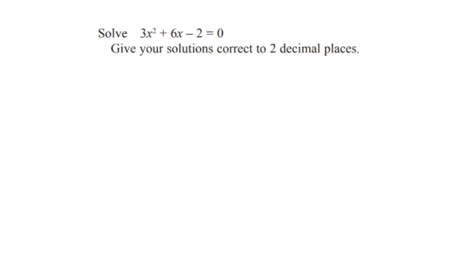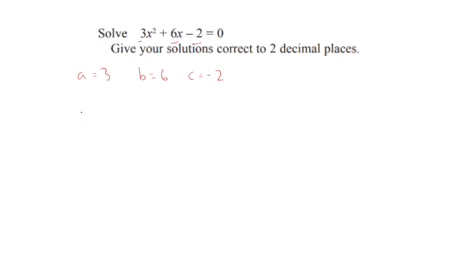Okay, so first thing we have to figure out is what is A, what is B, what is C. A being the coefficient of x squared, so A is 3. B is the coefficient of x, which is 6. And C is the constant at the end. It's not 2, it is minus 2. We're going to plug that in to the quadratic formula.